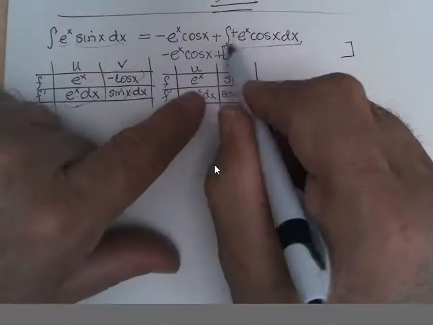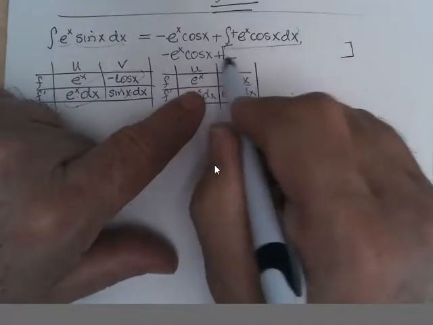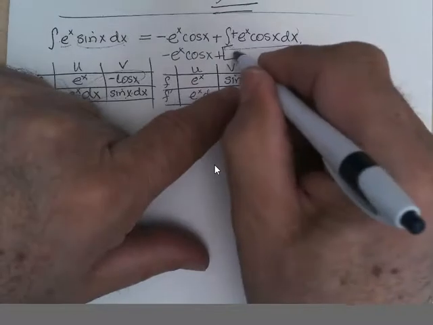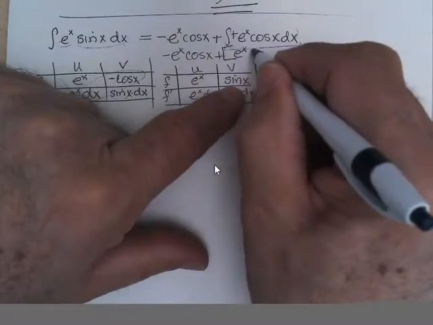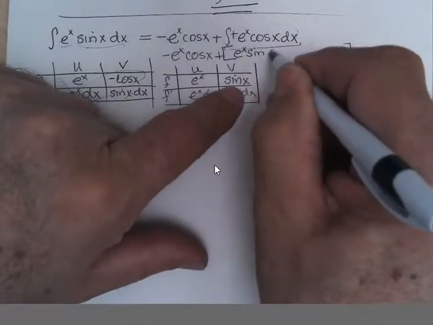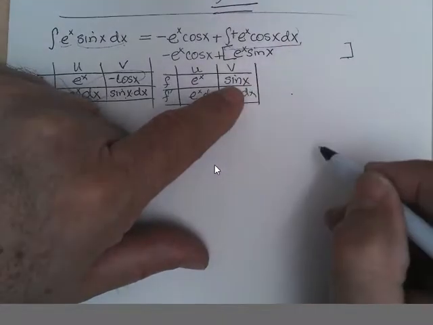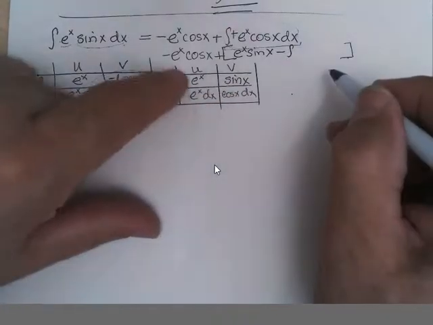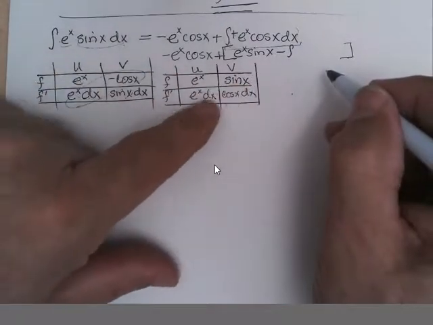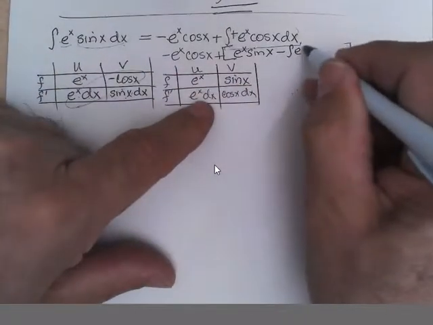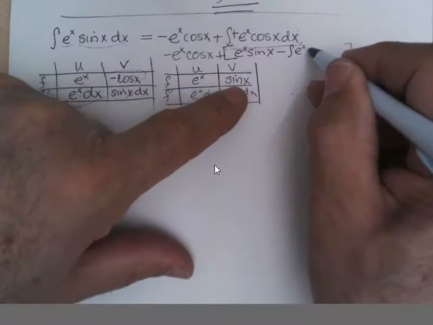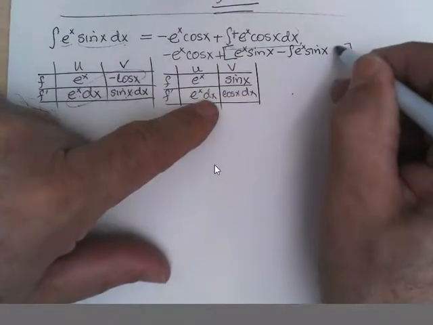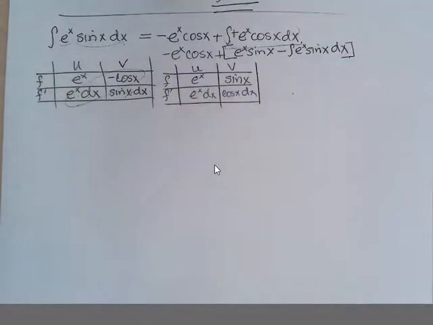So this becomes, for this thing, I'm going to put inside these brackets, it's going to be uv, e to the x sine x, minus the antiderivative of, we set up this way, e to the x sine x dx.